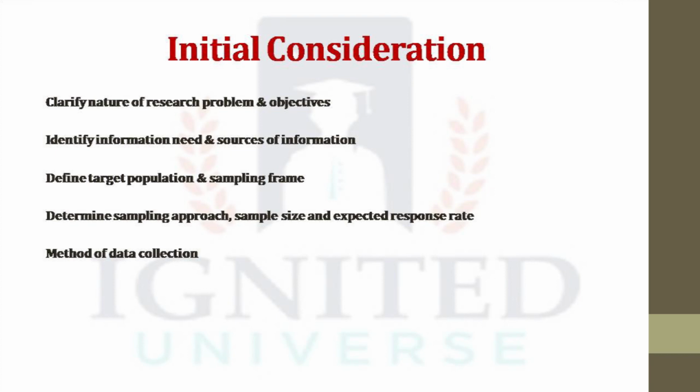So, by the end of step 1, that is initial consideration, one should be able to convert the research objective into information areas. For example, suppose a research question aims at studying the nature of jute bag usage among people in a particular city.